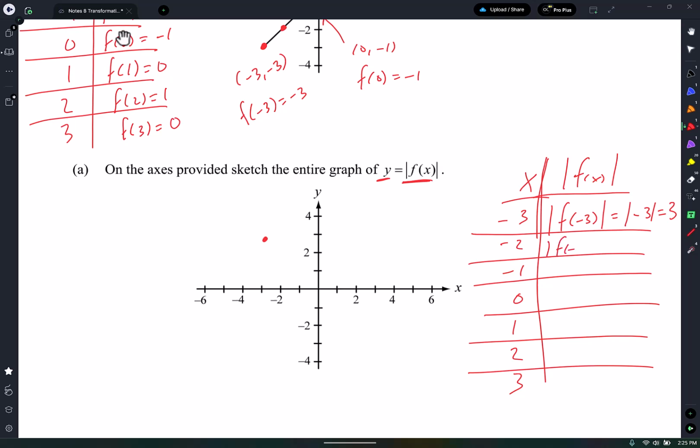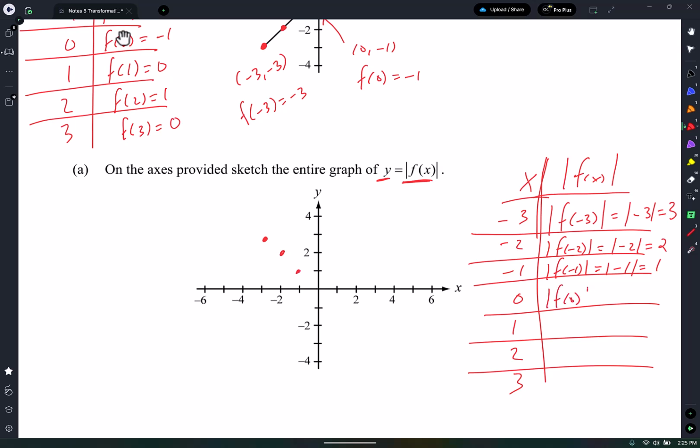Absolute value of f of -2 is absolute value of -2, so 2. So -2, 2. Absolute value of f of -1 is absolute value of -1, so 1. So -1, 1.